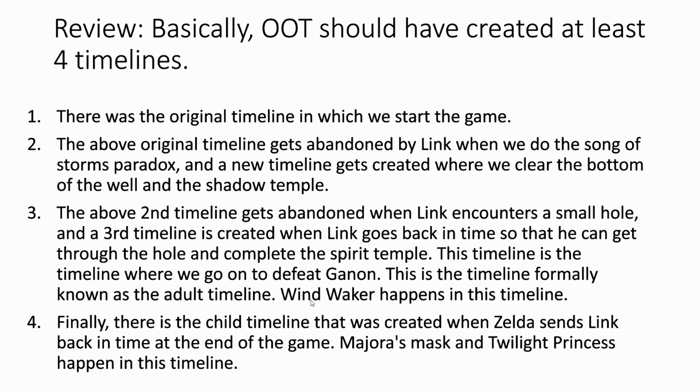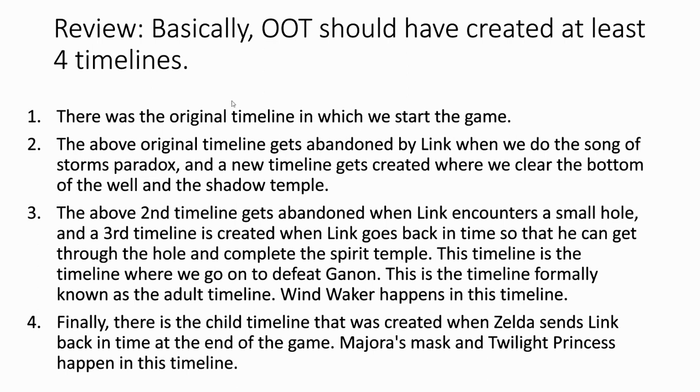But as we know, of course, at the end of Ocarina of Time, after you defeat Ganon, Zelda sends Link back in time, and this creates the child timeline where Majora's Mask and Twilight Princess happen. So there you have it.